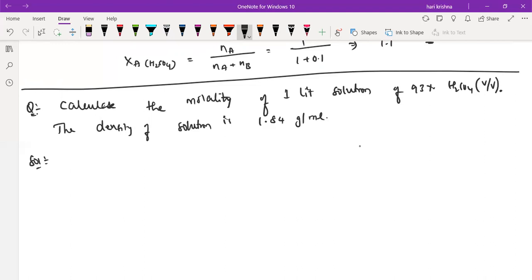Calculate the molality of 1 liter solution of 93% H2SO4 volume by volume. The density of the solution is 1.84 gram per ml. Then how to calculate for this?